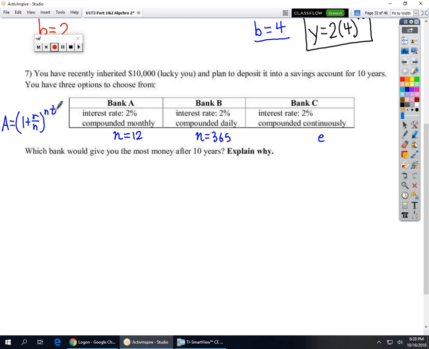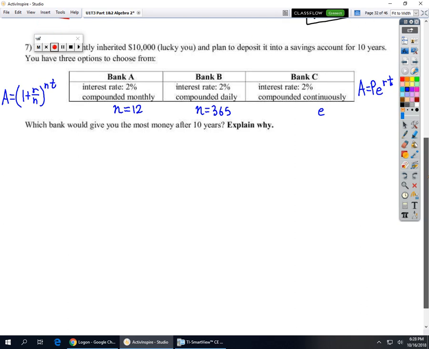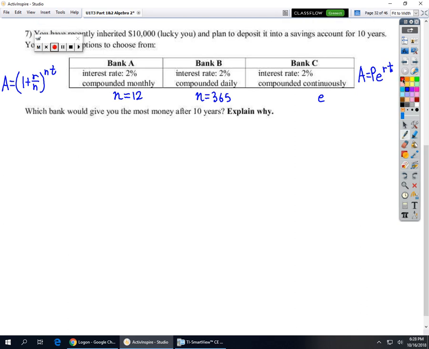So we're going to plug in these numbers for Bank A, for Bank B, and for Bank C, I need to use A equals P e to the rt. If it's compounded regularly by any number, we use this formula. If it's compounded continuously, we use that. So let's just apply the formula to everything.